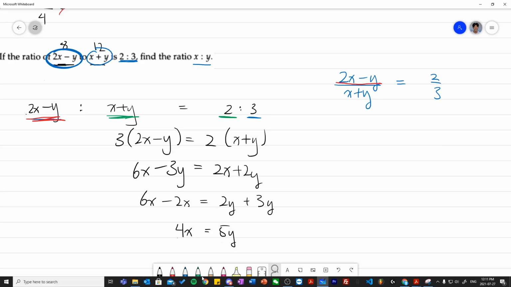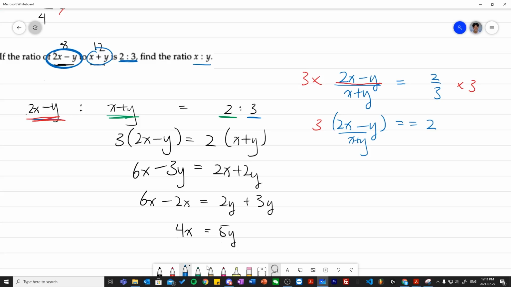So look right here, we have kind of like a fraction equaling a fraction, right? What we're able to do here is multiply by 3 on both sides to get rid of the denominators, because they're kind of annoying. So we have 3 times 2x minus y, over x plus y, equaling 2.